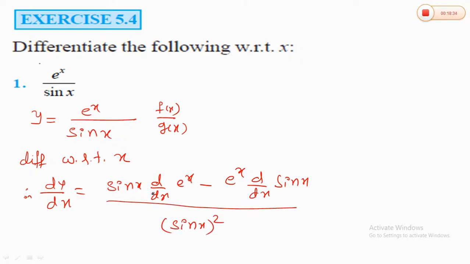That is, g(x) d/dx of f(x) minus f(x) d/dx of g(x) divided by g(x) bracket square.